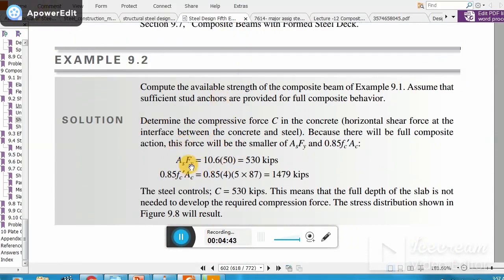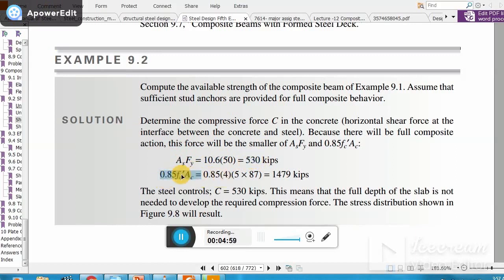So go to the table and search that section and find out the As, which is 10.6, as we did in the previous example. So please use those guidelines and find out this 10.6. Clear? You got this one.